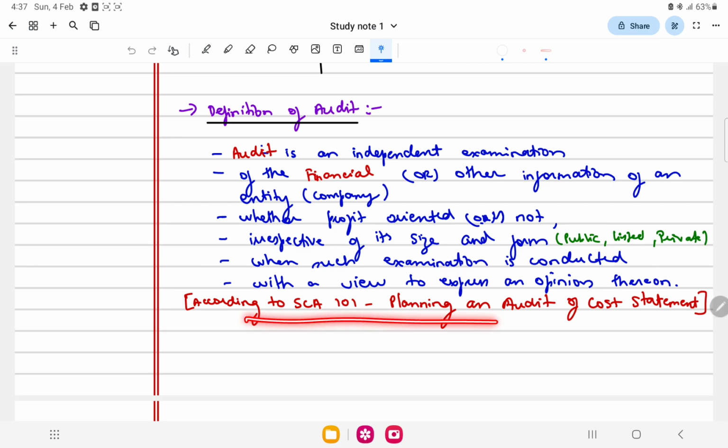And the source of this definition is SCA 101, Standards on Cost Auditing 101, that is planning an audit of cost statement.